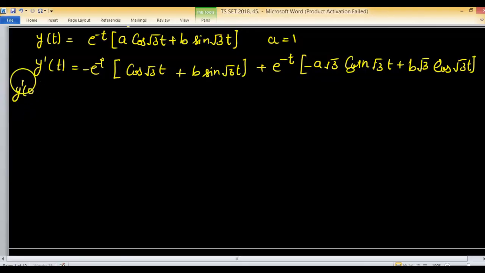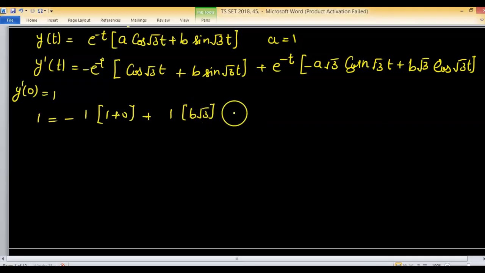Now apply the second initial condition, y prime at 0 equals 1. We have 1 equals minus 1 plus 0 plus b root 3, so this one equals minus 1 plus b root 3. We have 2 upon root 3 equals b.